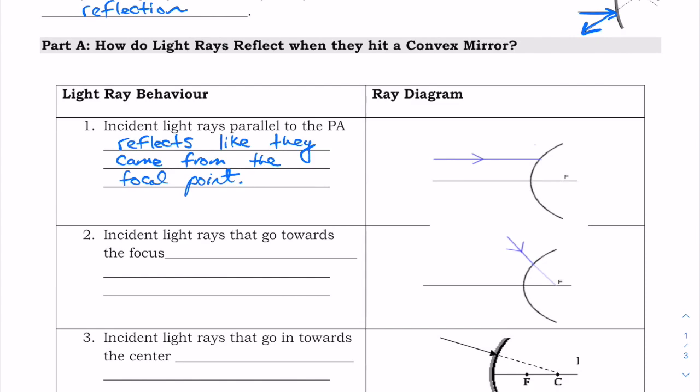Let's take a look in the picture to the right. So here's our principal axis. We have an incoming ray of light going left to right. I'll just highlight that to make it clear. That's our ray of light.